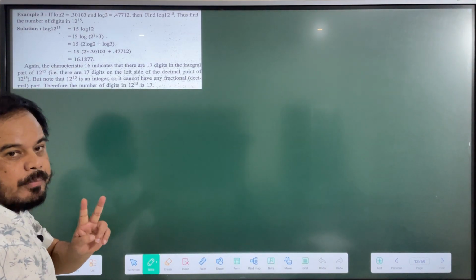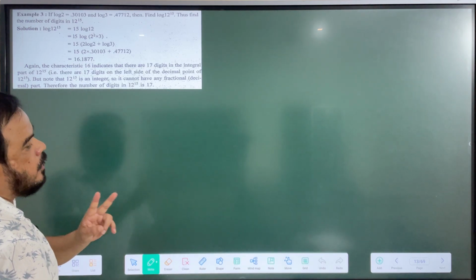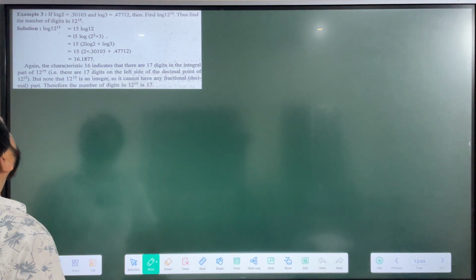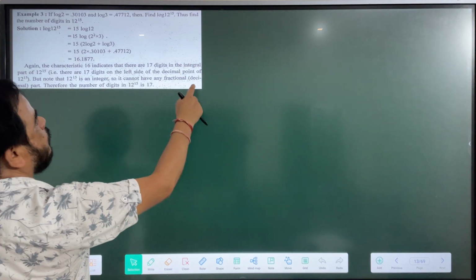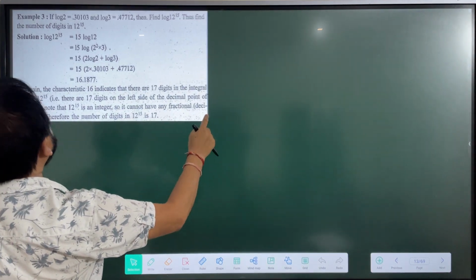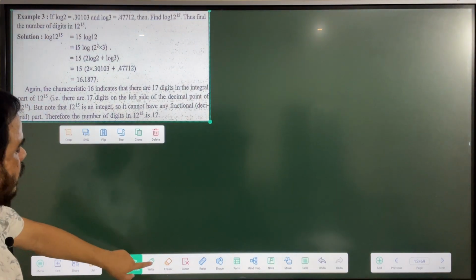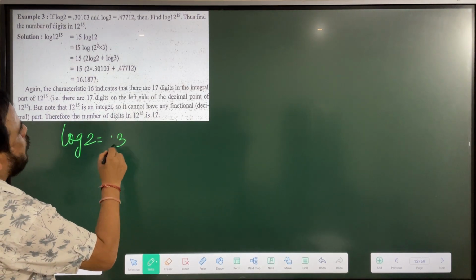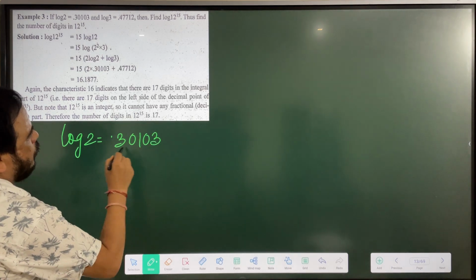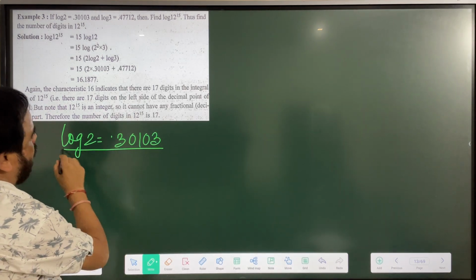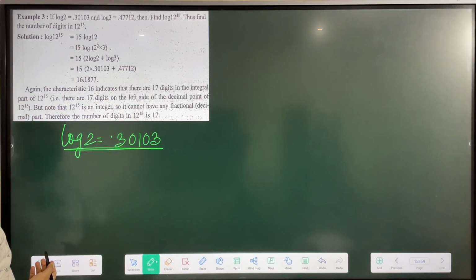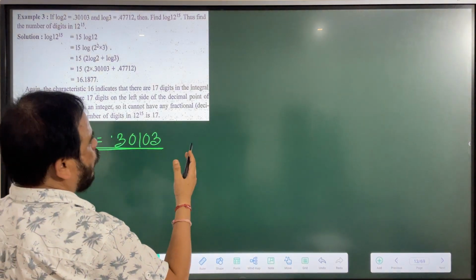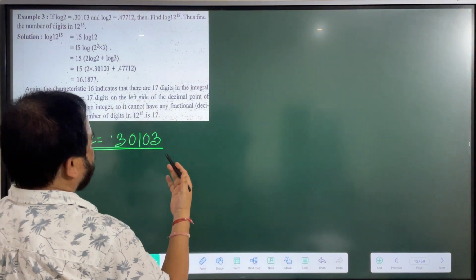So there are two tables. One is log table, other one is antilog table. Okay. Now example number 3. The value of log 2 is given, 0.30103. So this is the value. Or please learn the value. Some of the values, log 3, log 2, log 5, log 7, those values you should learn by heart.